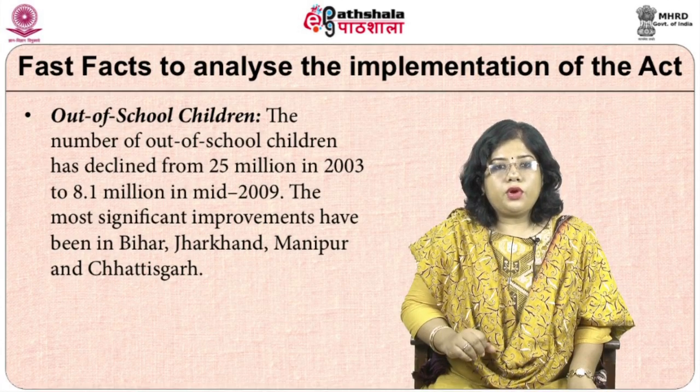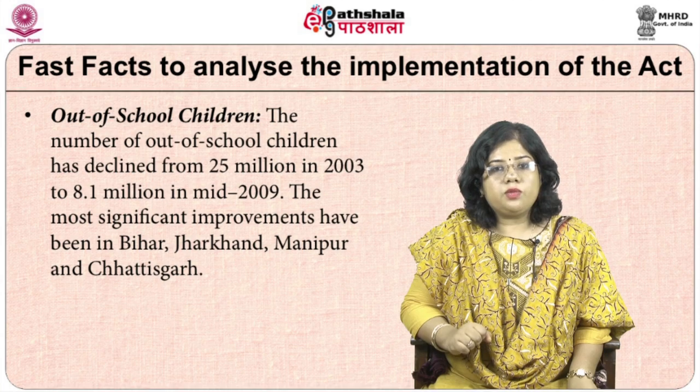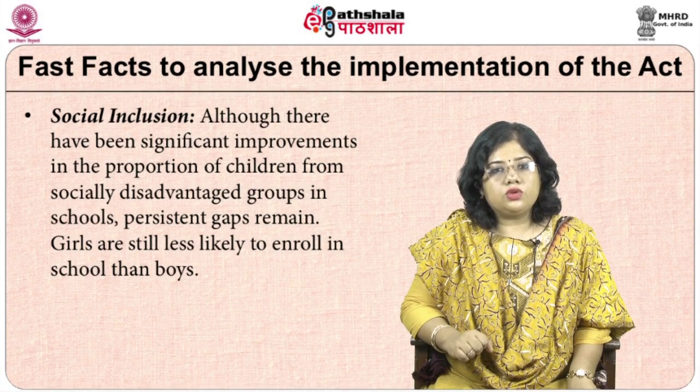Some fast facts to analyze the implementation of the Act. Out of school children. The number of out of school children has declined from 25 million in 2003 to 8.1 million in mid-2009. The most significant improvements have been in Bihar, Jharkhand, Manipur and Chhattisgarh. Social inclusion.